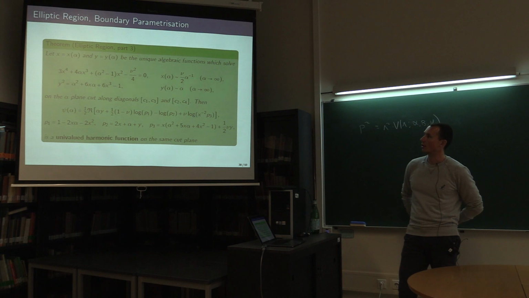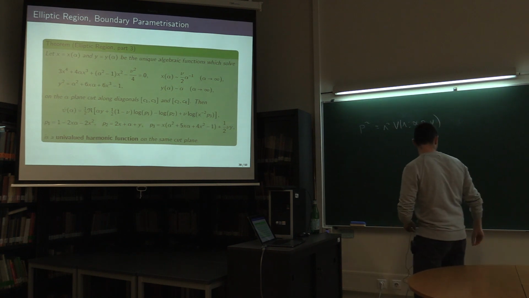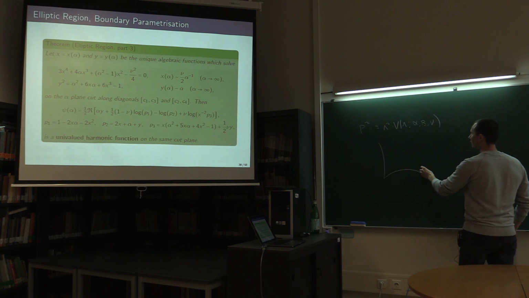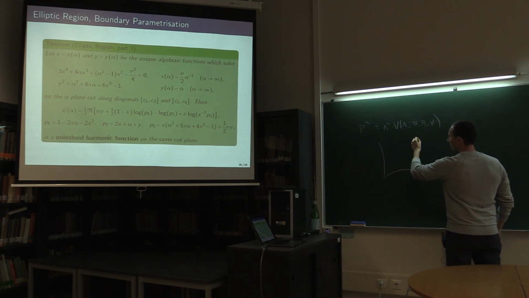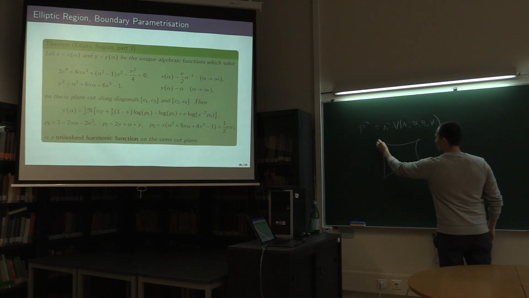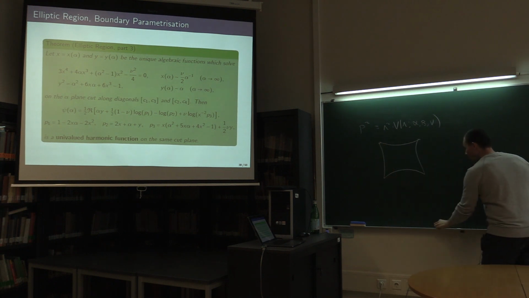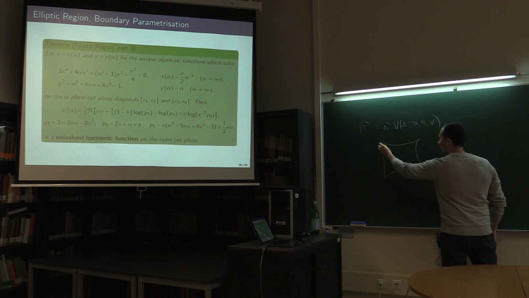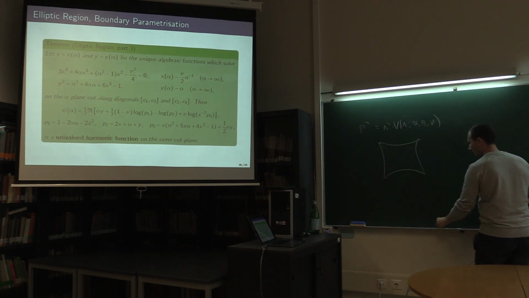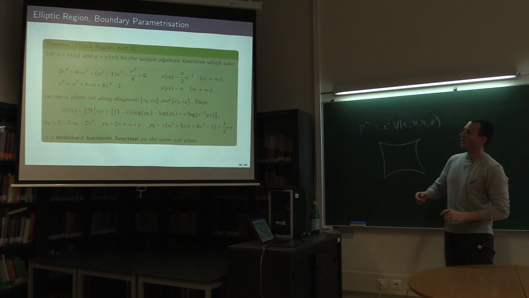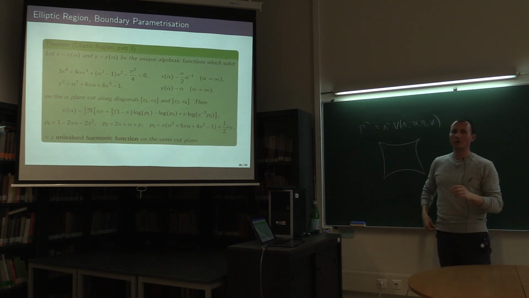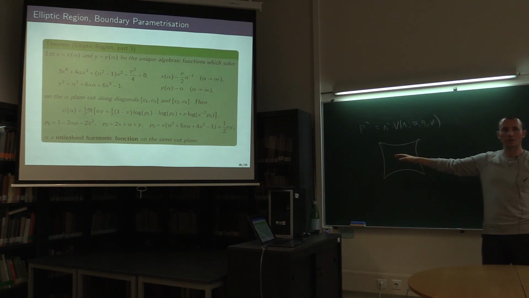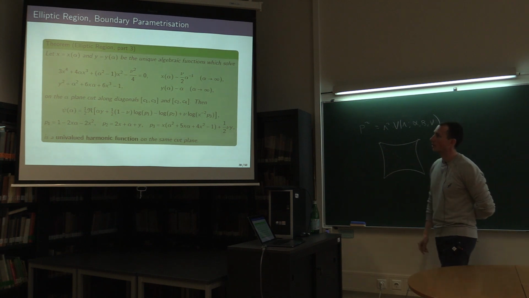So if you have the elliptic region and these corners, we introduce a branch cut here and a branch cut here. The first point is that we can analytically solve these 2 algebraic equations on the complex plane minus these branch cuts.